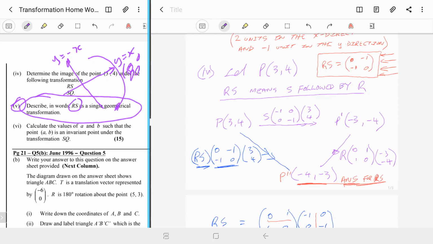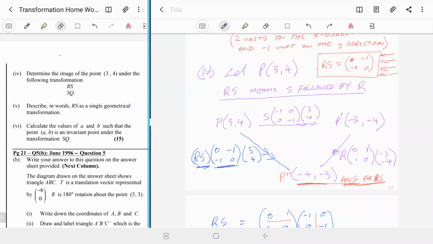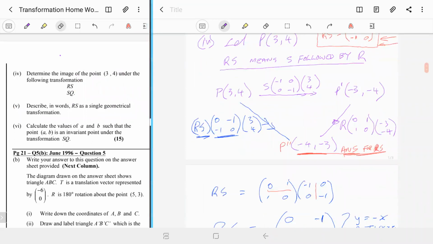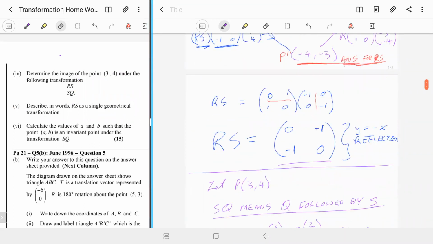Y equals x reflection, right? That's the beauty of it. If you calculate it and get this, you still have to know which reflection that is. So that's why I tell you, you can know the answer before you do it.